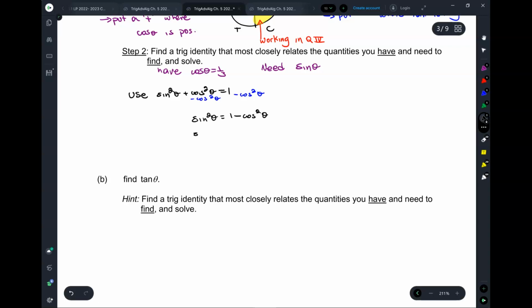What's given to us for cosine? 1/3, but this is cosine squared, so I square it. So sine squared theta is 1 minus 1 over 9.